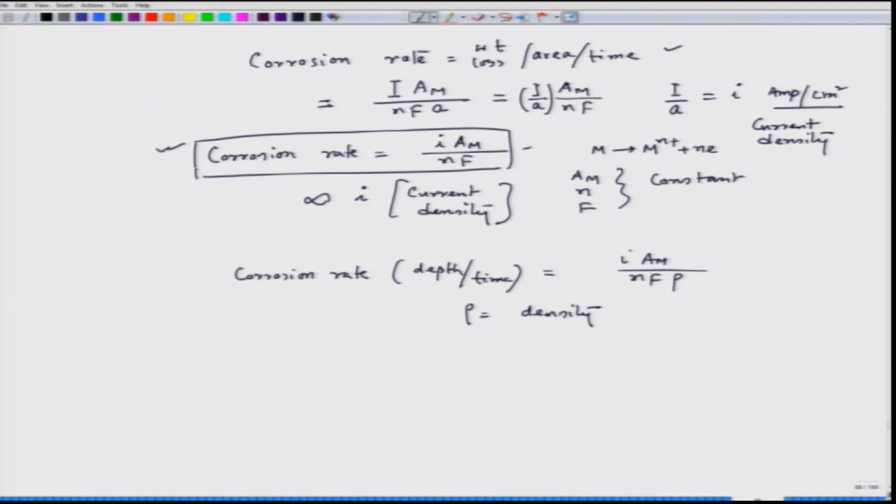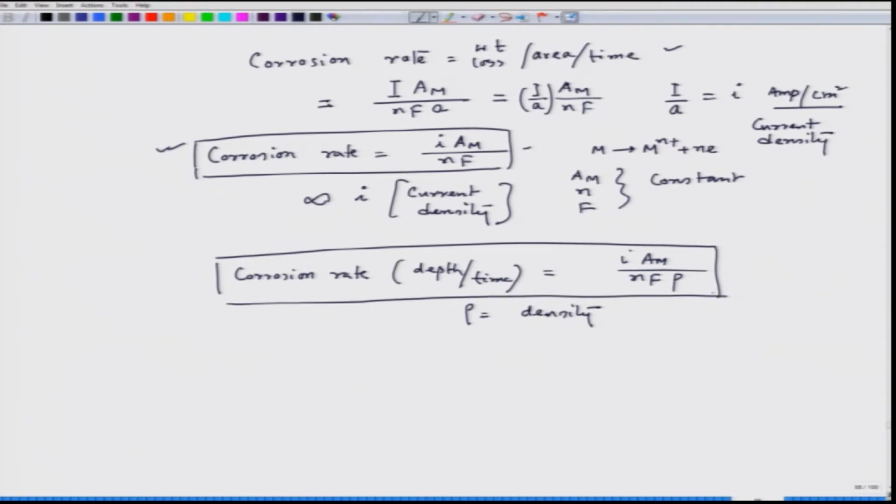So, we get another expression like this, which is equivalent to weight loss per area per time per density.